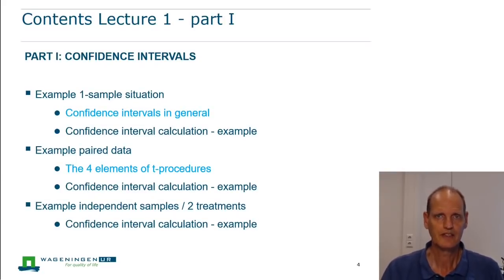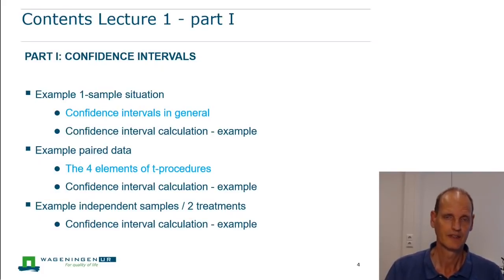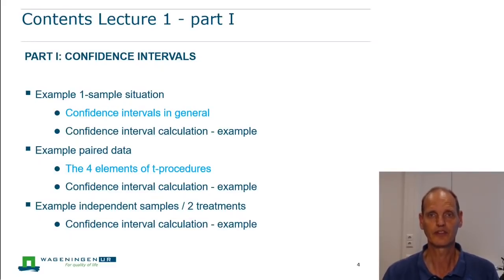The rest of this lecture consists of 2 parts. Part 1 is about confidence intervals. Part 2 is about t-tests. The confidence intervals part is built up as follows. Each time I will introduce an example of a situation, the one sample situation, the paired data situation, and the two independent samples situation.